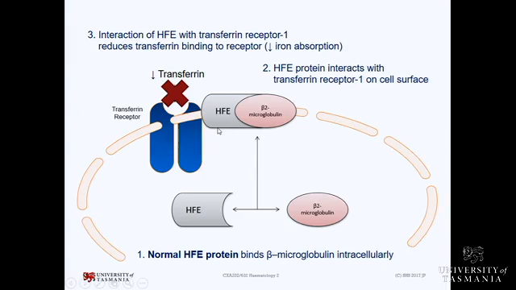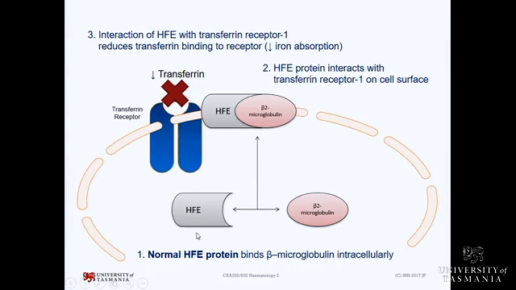And what's not on this animation is the fact that that HFE protein then binds with transferrin receptor 2. And in that binding, the transferrin receptor 2 is activated to signal the hepatocytes to produce hepcidin. So it's actually that binding of the HFE protein to transferrin receptor 2 that signals the production of hepcidin.